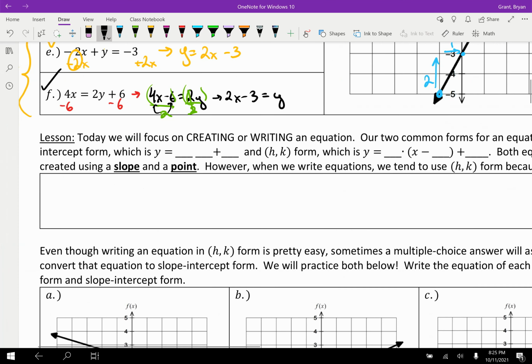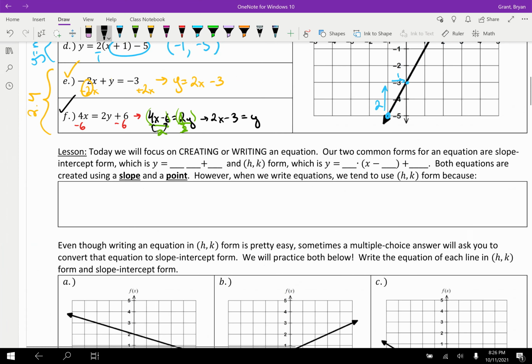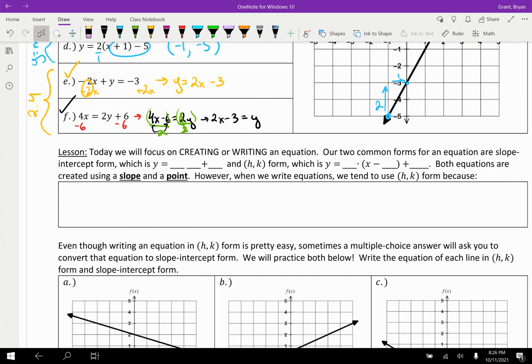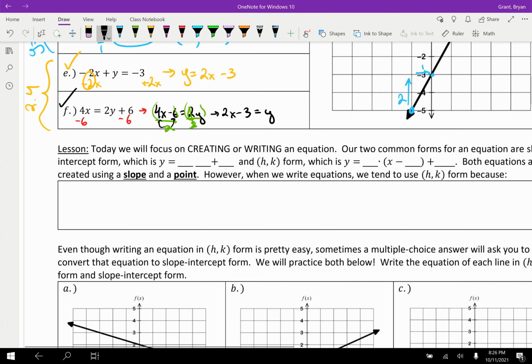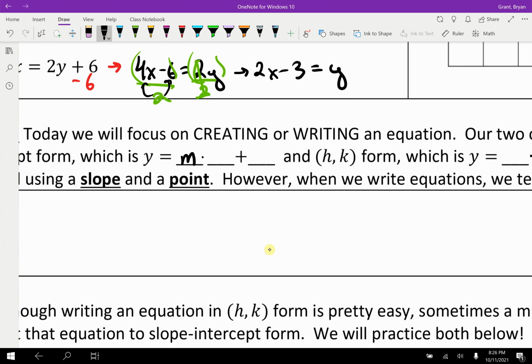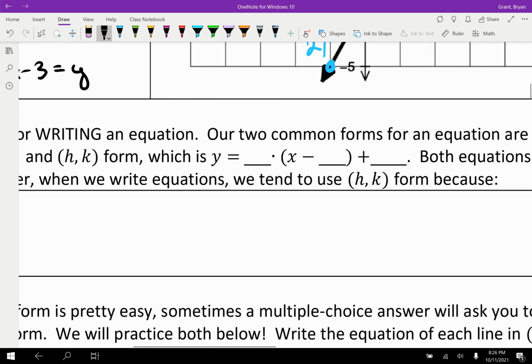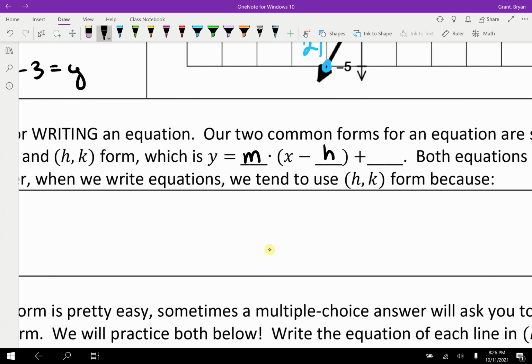Okay? We're going to focus on creating or writing an equation that matches a given line. Now, our two common forms for an equation are slope-intercept form, which hopefully we'll remember is y equals m times x plus b, and HK form. That's y equals m times (x minus h) plus k.